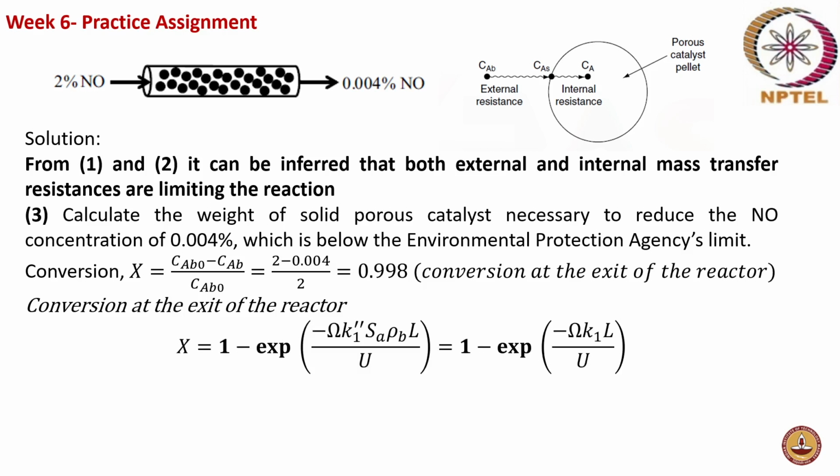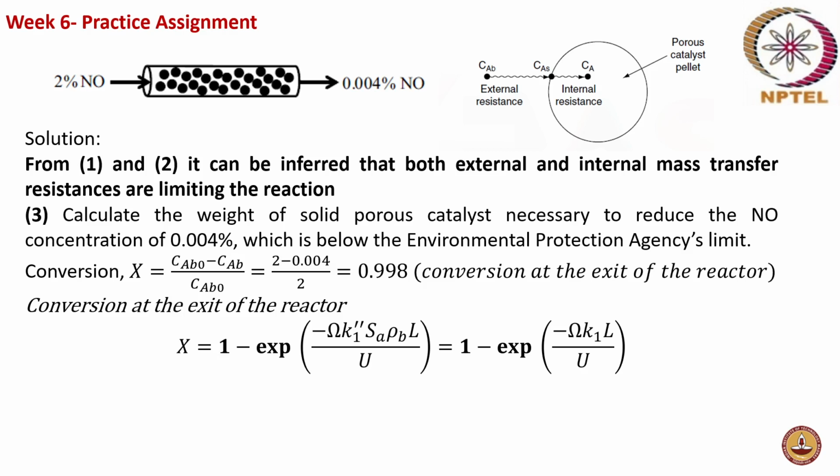Okay, so the conversion at the exit of a packed bed reactor can be expressed as x is equal to 1 minus exponential of minus omega k1 double prime SA into rho b into L by U, where omega is the overall effectiveness factor and k1 double prime is the intrinsic specific reaction rate constant with respect to area available, SA is the internal surface area available, rho b is the bulk density of the catalyst bed, L is the length of the reactor, and U is the superficial velocity.